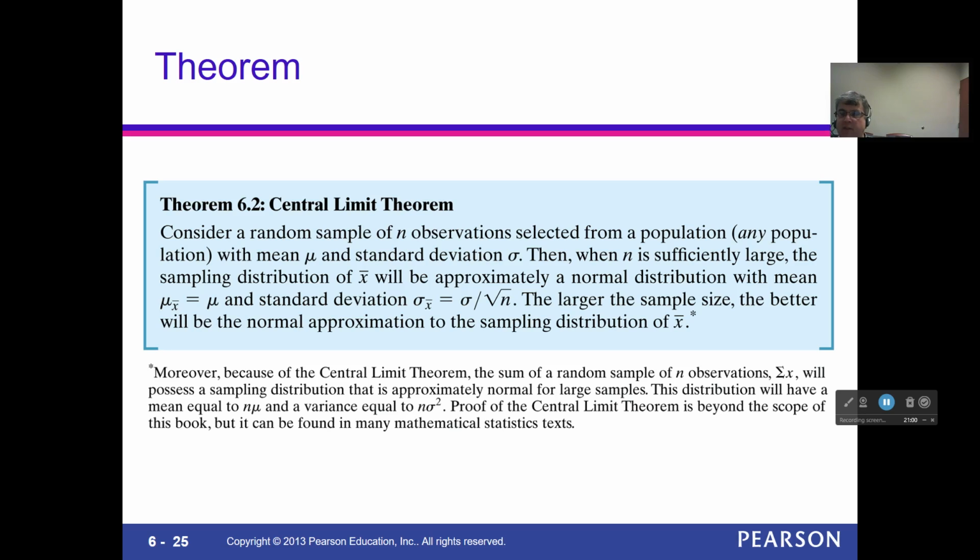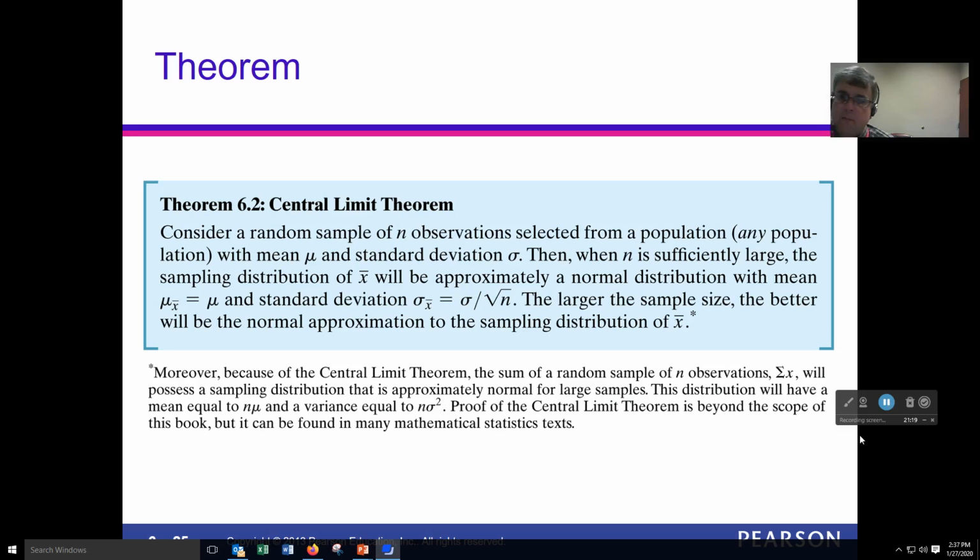Then, when n is sufficiently large, the sampling distribution of the sample means x bar will be approximately a normal distribution with mean... Now here, consider a random sample of n observations selected from a population, any population, with a mean of mu and a standard deviation of sigma.